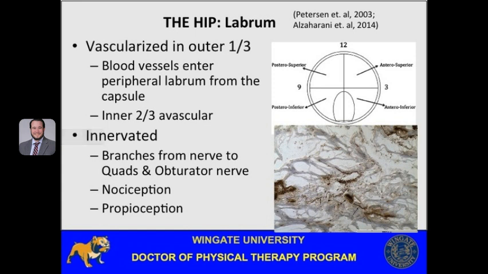In other words, greatest potential for healing, our outer third of the labrum, essentially. The inner two-thirds being thought of as avascular, and clinically this translating to a decreased potential for healing. Innervation, we're thinking proprioceptive input as well as nociceptive input, so pain information as well as that important proprioceptive function.